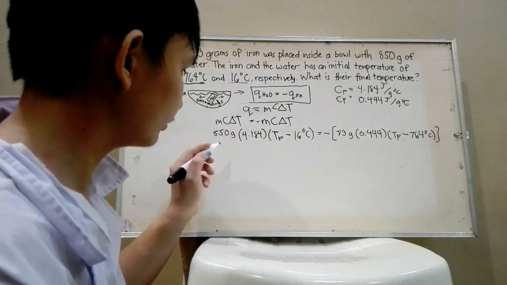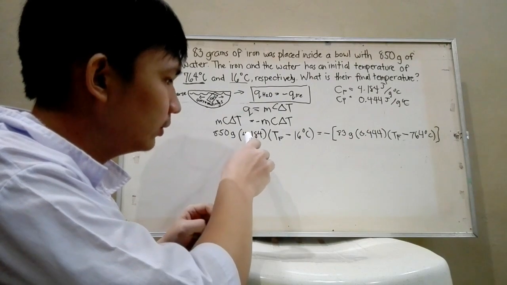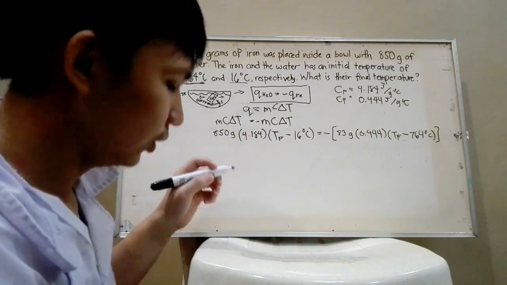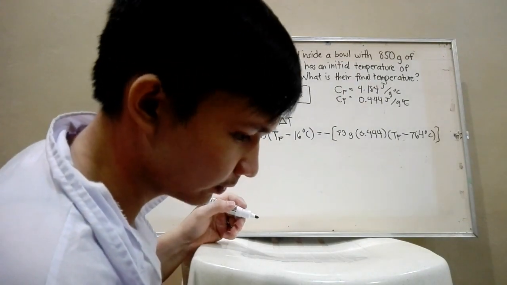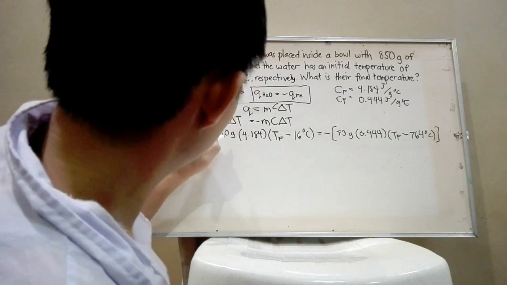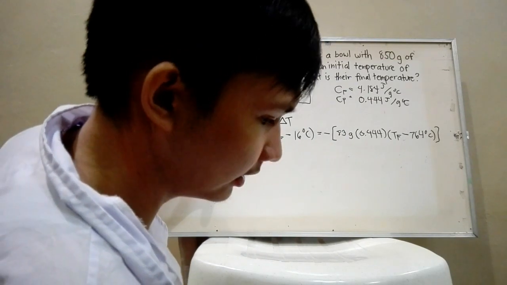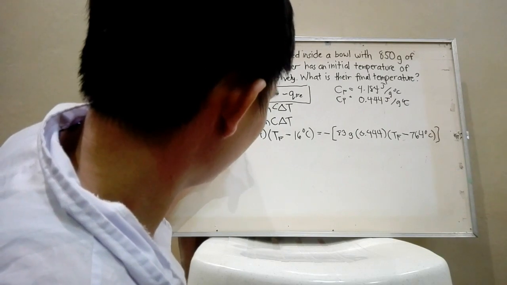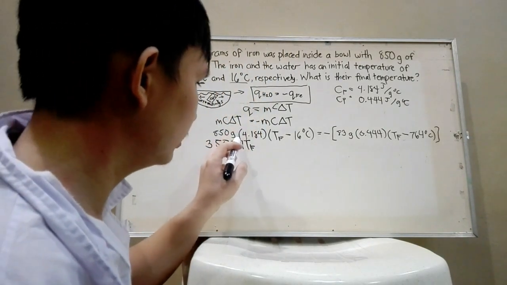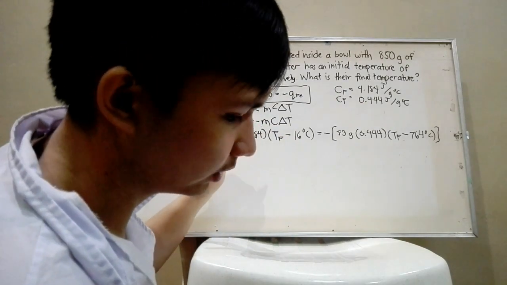So we will be multiplying these two, and we will be distributing it to the final temperature. So if you calculate that in a calculator, we get 3,556.4 TF, and after that you will distribute it to 16 degrees Celsius.